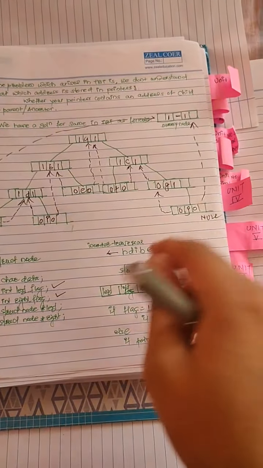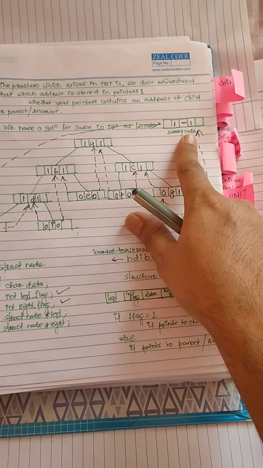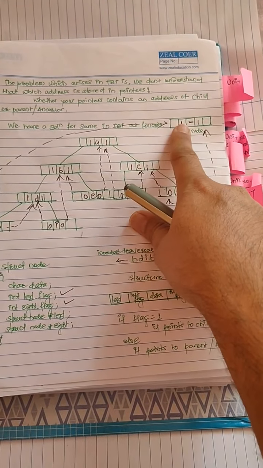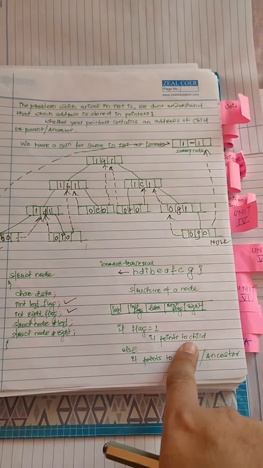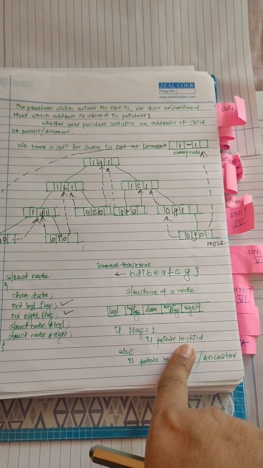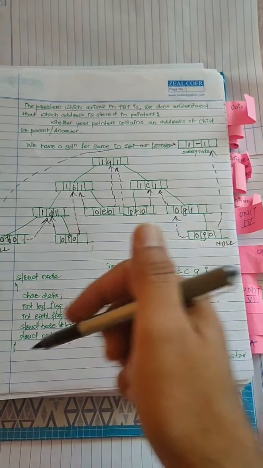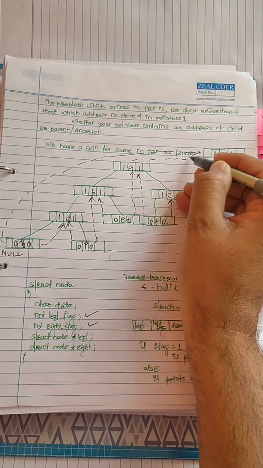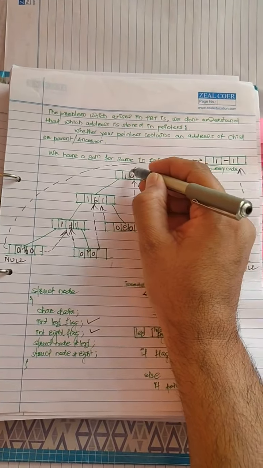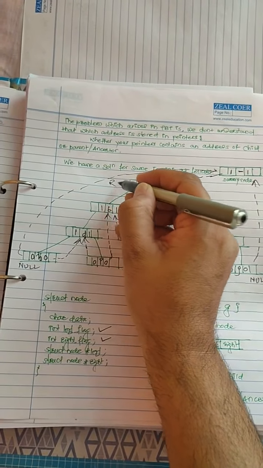If the left and right flag is equal to 1, it means that it has to point to its child. Then who are the children of my dummy node? Now the left child of my dummy node is nothing but the root of my threaded binary tree.